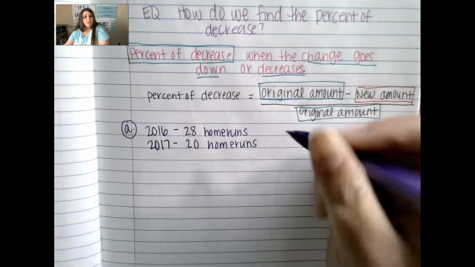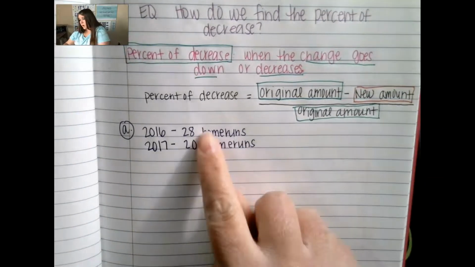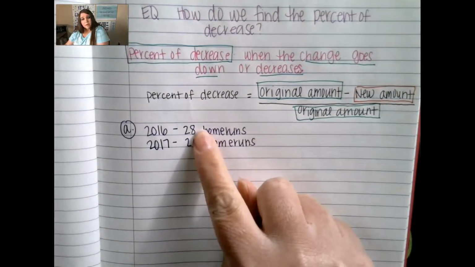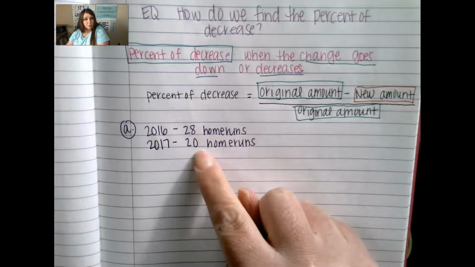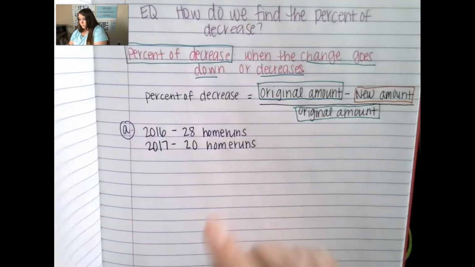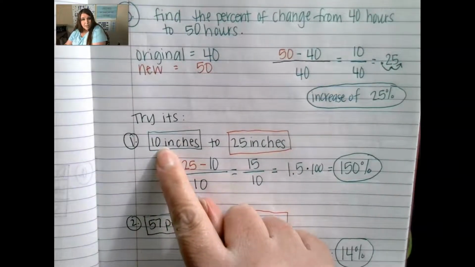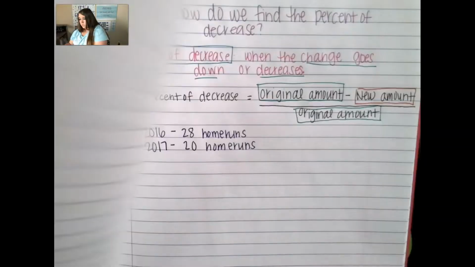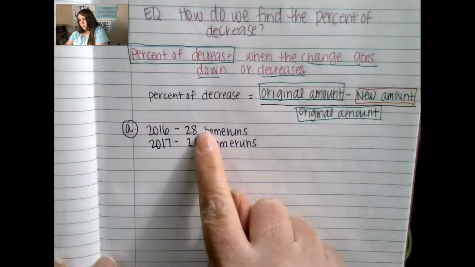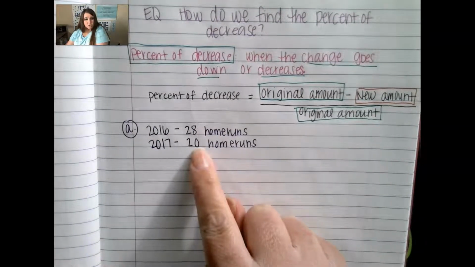So right away, you can see that this is different from yesterday's lesson because our starting value is bigger than our ending value. Yesterday we started with the smaller number and increased to a bigger number. Today we're starting with a bigger number and decreasing to a smaller number.